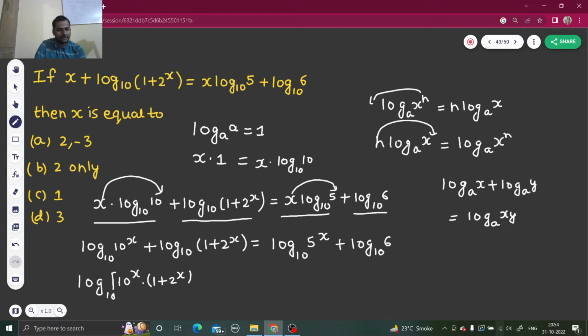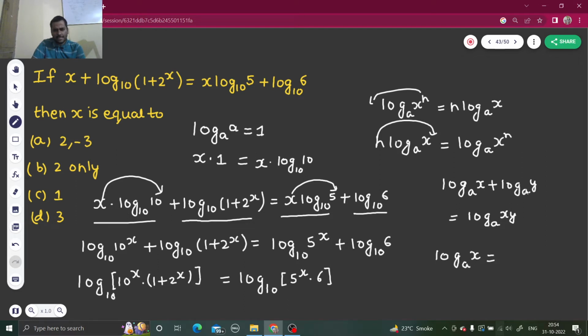Let's use a bracket if we are having any sort of confusion, equal to log, again the base is 10, and inside it this 2 will be multiplied. Fine enough. Now because on both sides we have log base 10, this is not a property, but yes, we use it more often than not.